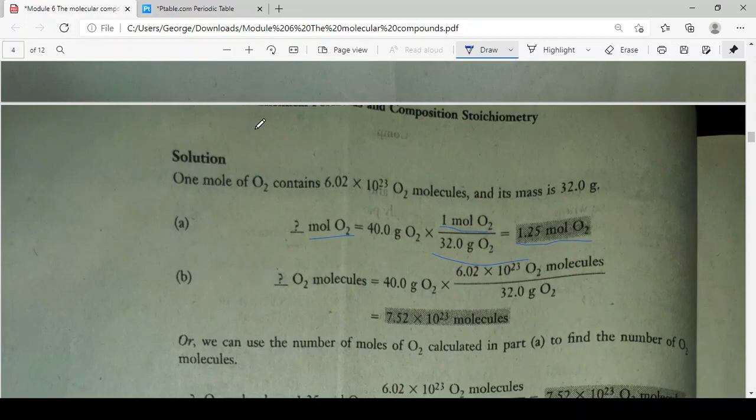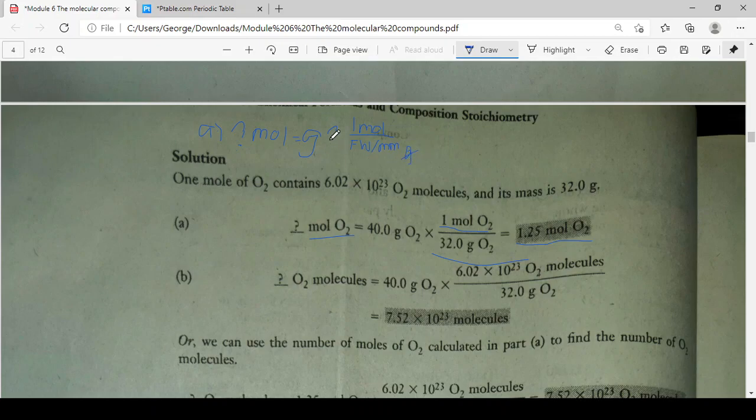So your formula, when you are finding your mole of an element, is equal to your grams of said element over 1 mole of said element, over the formula weight or your molar mass of said element, which is in grams.